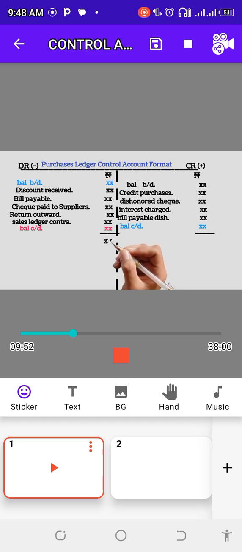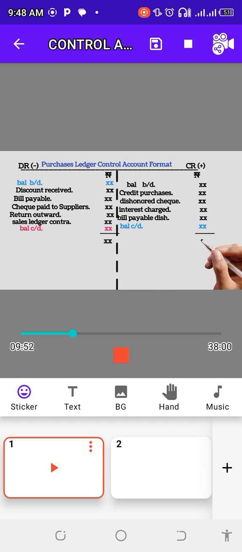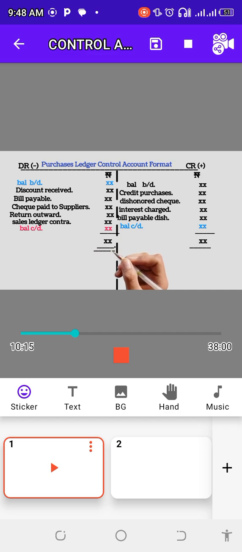The total this way also, then you balance off. Now, when you balance off, you bring the total, balance brought down. The balance brought down on the credit side is the actual amount of payable.